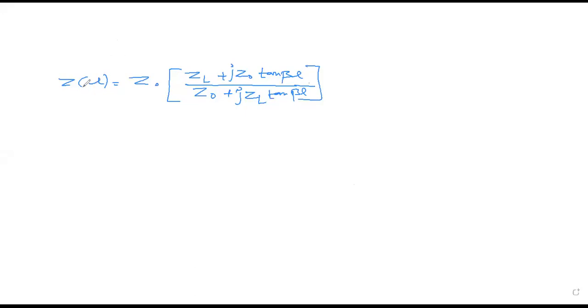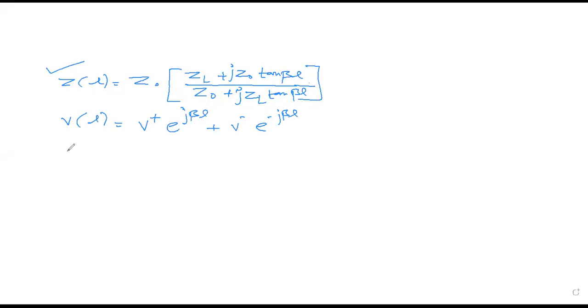Okay. So we have got Z of L. Similarly, we got V of L. Does anyone remember what V of L is at any point on the line? It was V plus e raised to j beta L plus V minus e raised to minus j beta L, for any point on the line for a lossless transmission line.